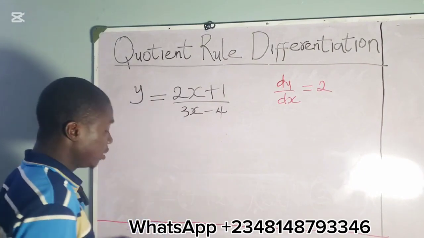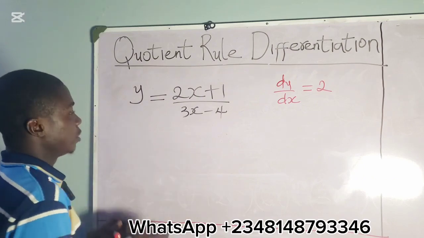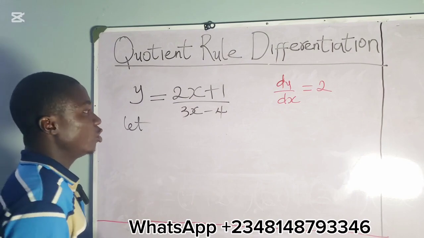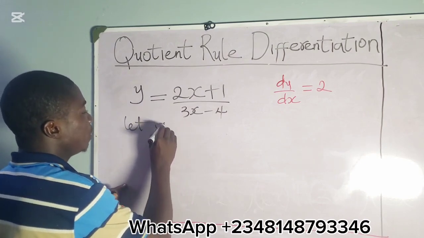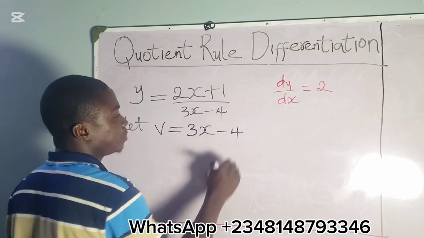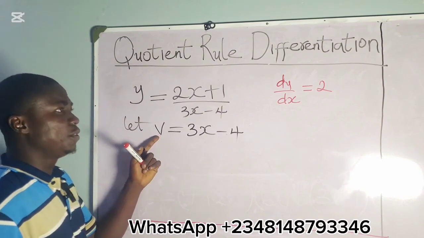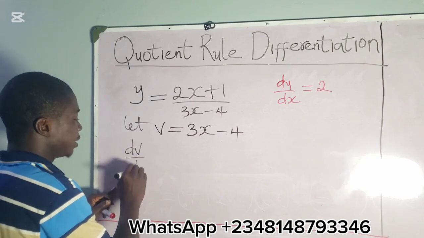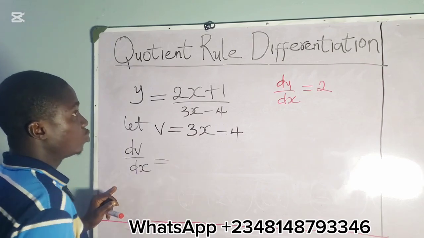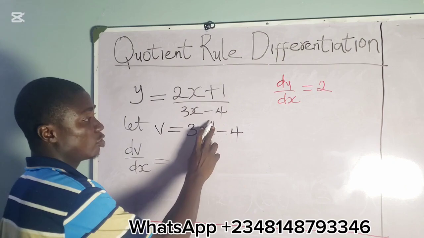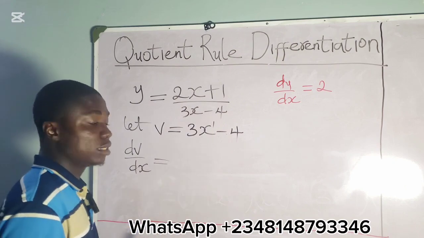All right, in the same vein, what's our v? Remember I said your v should always be your denominator. So let v be equal to 3x - 4. Now let's differentiate v with respect to x. dv/dx is equal to, now take note of this, 3x is raised to power 1. It is the same thing.